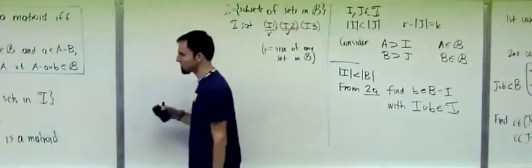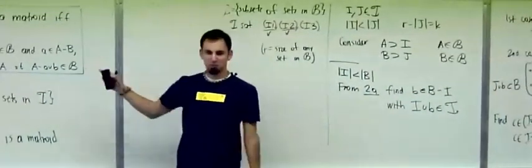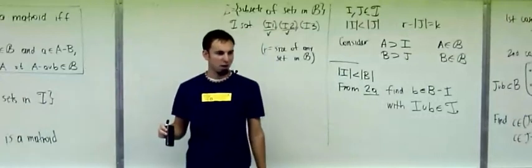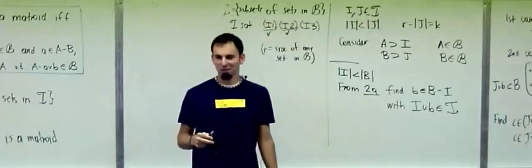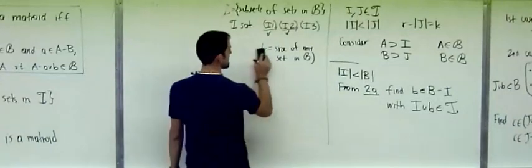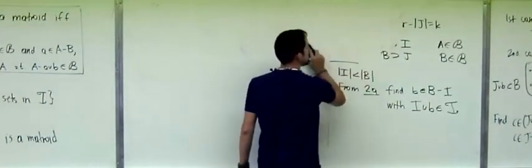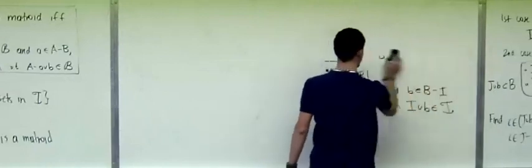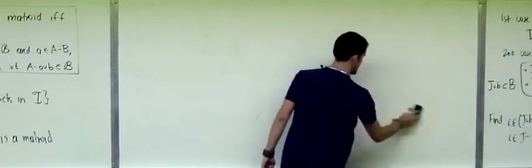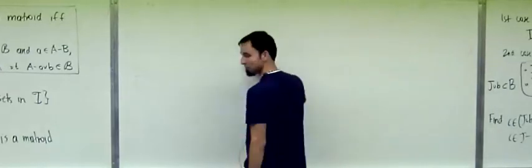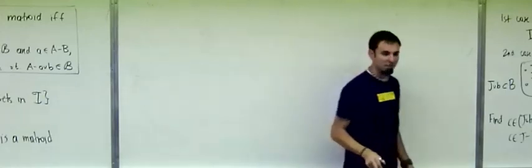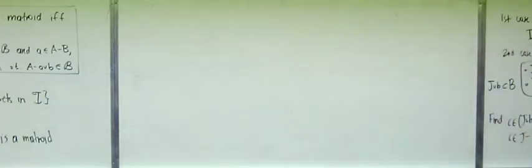So let me ask you guys a question. Was this proof harder or easier than you expected it to be when I started? I think that base case of the second part was a little bit harder than I thought it would be. Yeah, did someone expect this to be easier than it was?